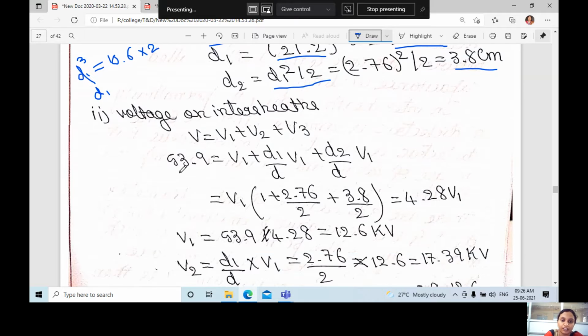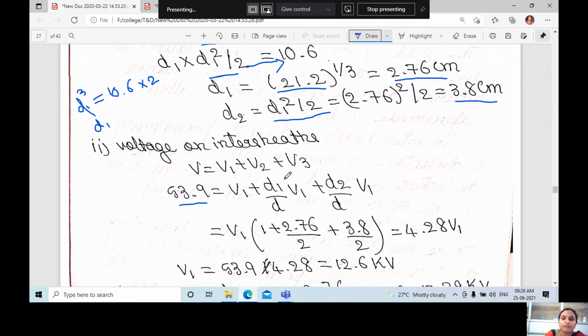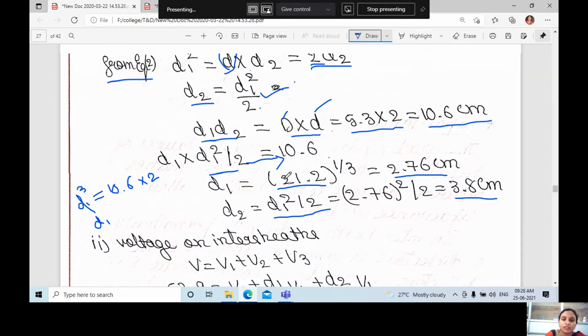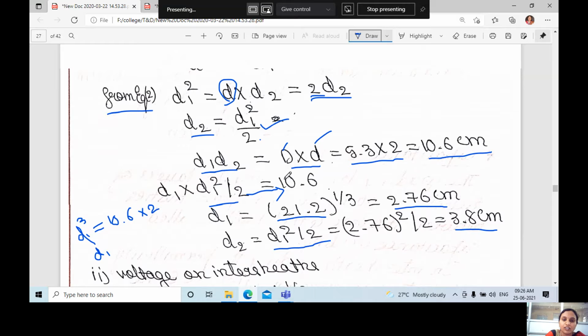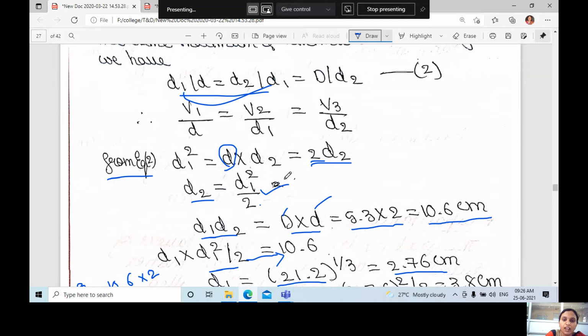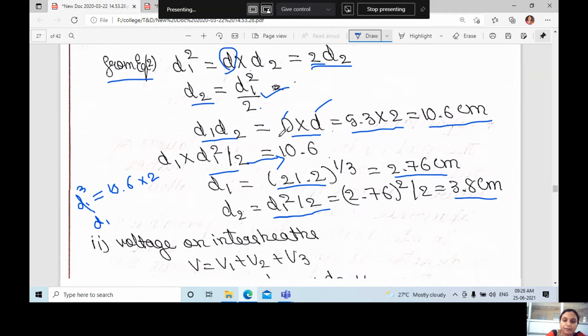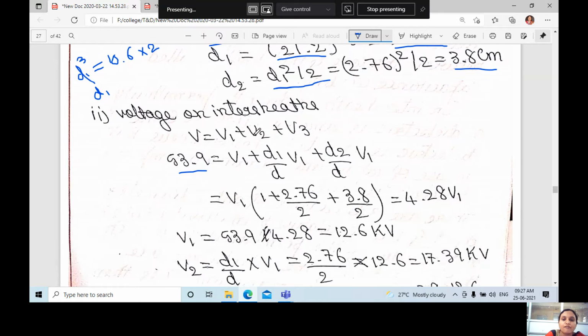Next, voltage on intersheath, V1 plus V2 plus V3. We know the value of V. For V2 what we can write, D1 divided by D into V1. For V3 we can write D2 divided by D into V1.